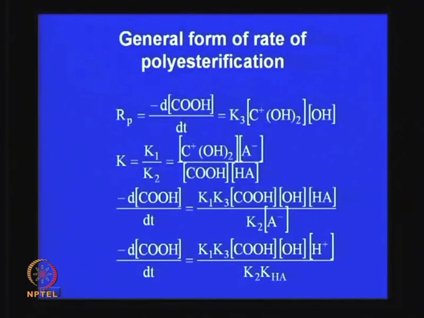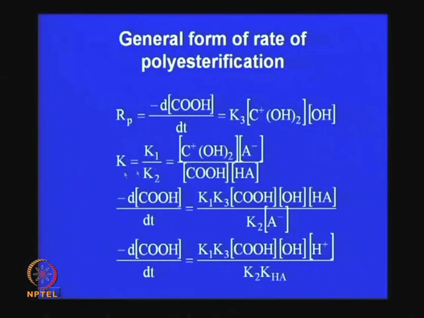Now, here you see this is proportional to or equal to some rate constant and the concentration of the protonated species and the hydroxyl group. I have taken this from that author's book.